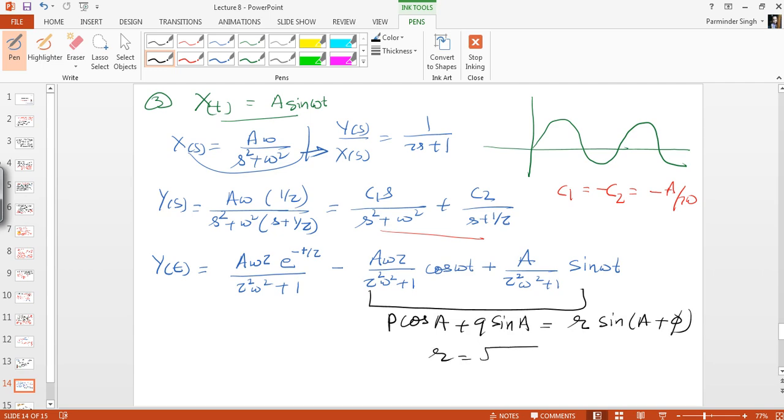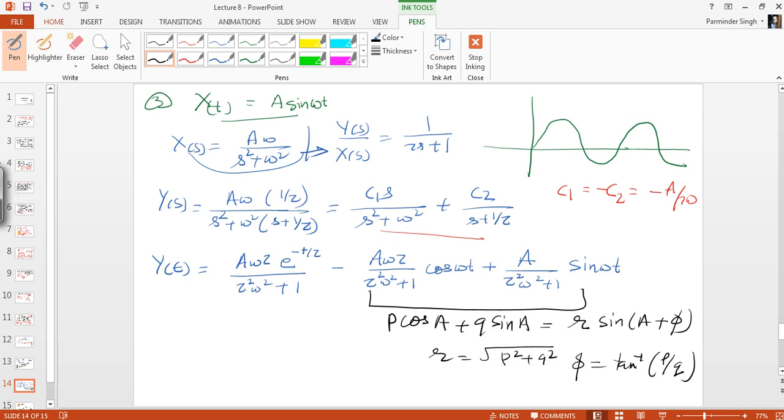where r is nothing but under root of p square plus q square, and phi is tan inverse p by q. Clear? So this entire expression can be written in this form, that is r sin omega t.